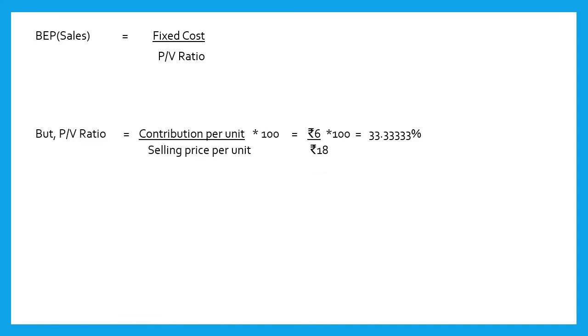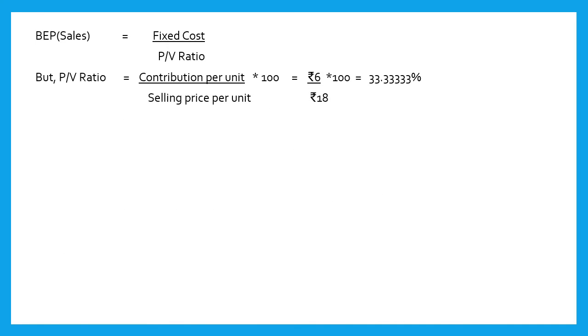After calculating BEP units, the next we are required to calculate is BEP sales. The formula is fixed cost upon PV ratio. But we have to calculate the PV ratio first. For that purpose, the formula is contribution per unit upon selling price per unit into 100.